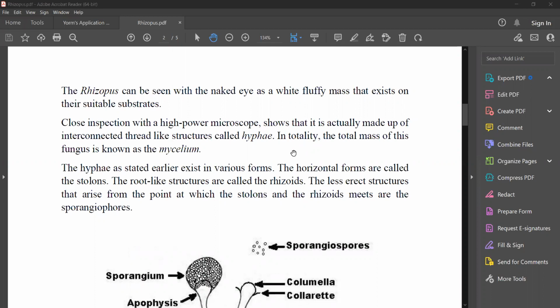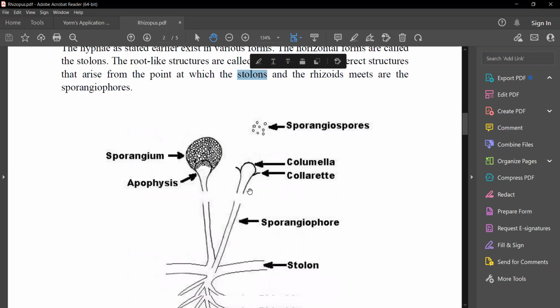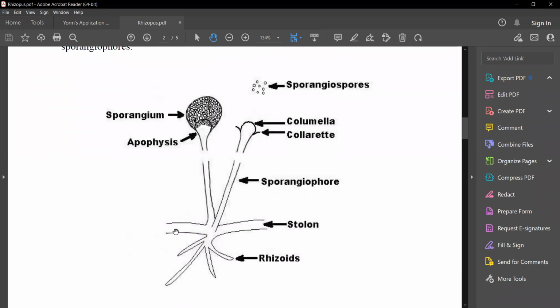And then the less erect structures that arise from the point where a stolon and a rhizoid meet are known as the sporangiophore. Let me show you the diagram to illustrate what I'm saying. Please, I hope you can all see my cursor pointing to the screen.